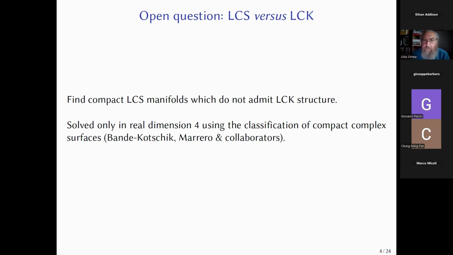There is a topological criterion for LCS given by Eliashberg and Murphy, which is rather obvious. You should have b1 positive and something rational in the one cohomology. But this doesn't ensure the existence of LCK.